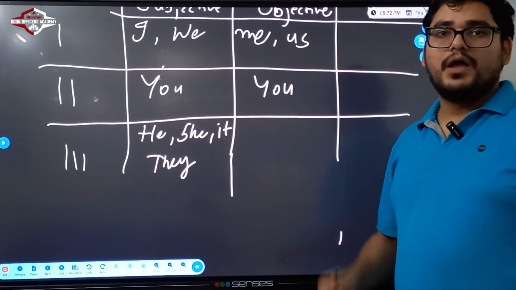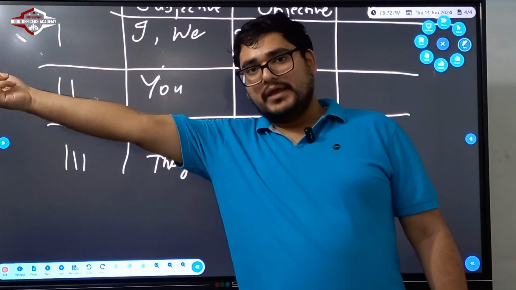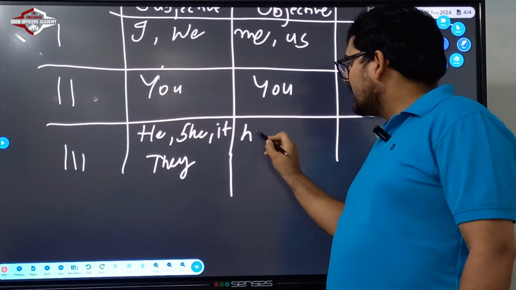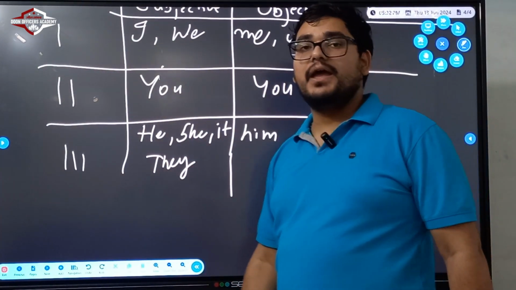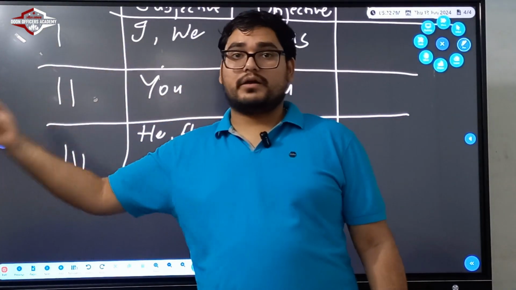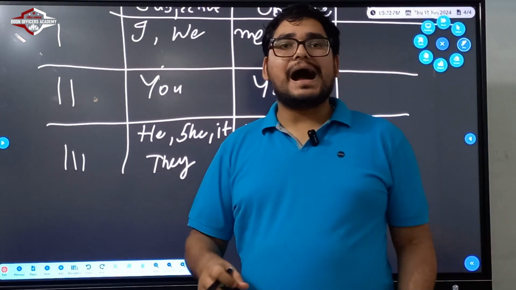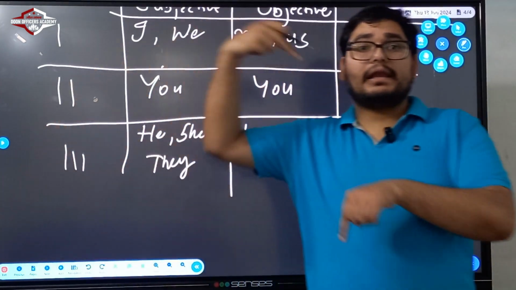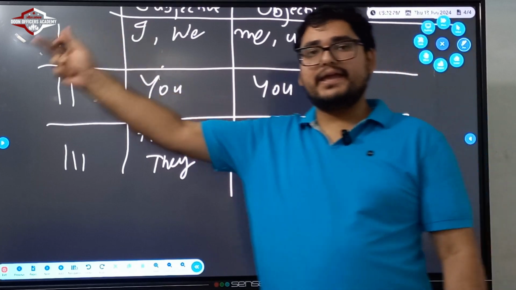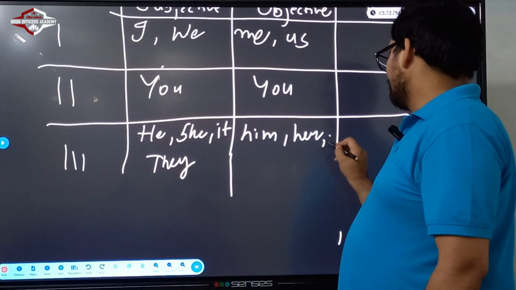Then he teaches me, I teach him, so he changes to him. In the same way, she teaches me, I teach her, right? You know, it likes me, I like it, so it remains same.